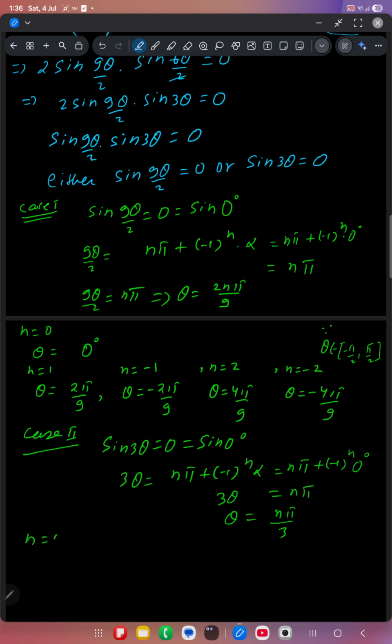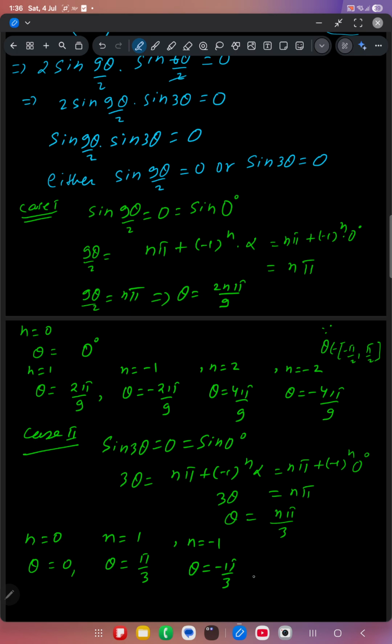Again start from n equal to 0, so theta will be 0. N equal to 1, so theta will be pi by 3, that is 60. N equal to 2 if you take, it will give you 2 pi by 3, so 120 degrees, so we will not take. So we will consider n equal to minus 1, and minus 1 gives theta equal to minus pi by 3, that is minus 60 degree.